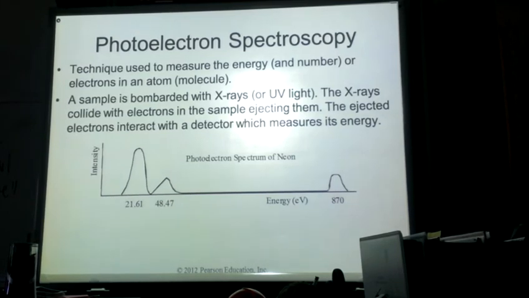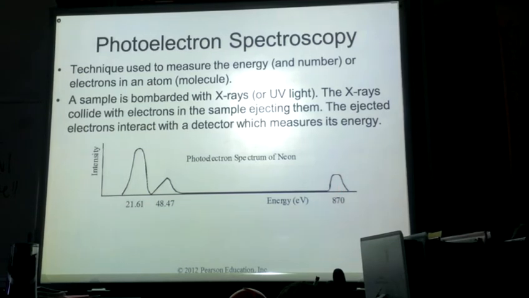Will it take a lot of energy to get the electrons in the 2p orbital to be ejected from neon versus the amount of energy it's going to take to get the 1s electrons away from the nucleus? It's going to take a lot more energy to get off the 1s electrons, right?